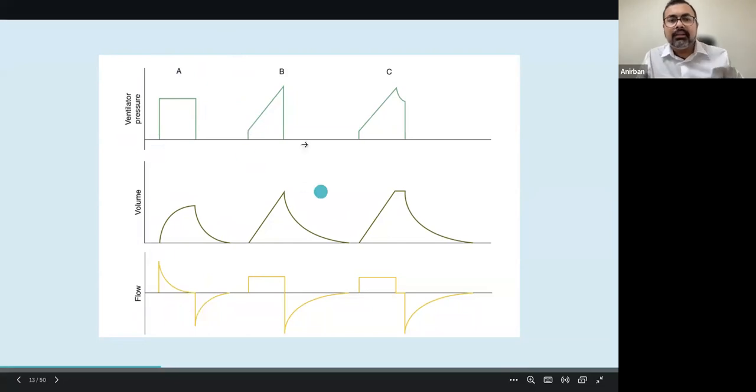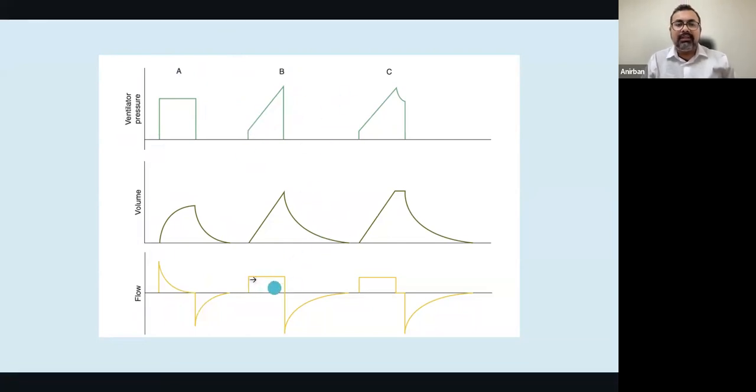Okay. Next, coming to these two types of breaths, we can see that the ventilator has maintained the flow equal throughout the inspiratory phase, and the pressures can increase or decrease depending on the respiratory mechanics. The volume will be maintained for the same inspiratory time, because volume is nothing but flow into time.